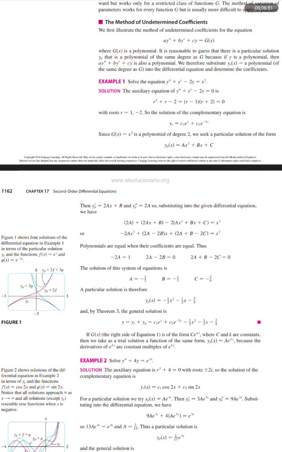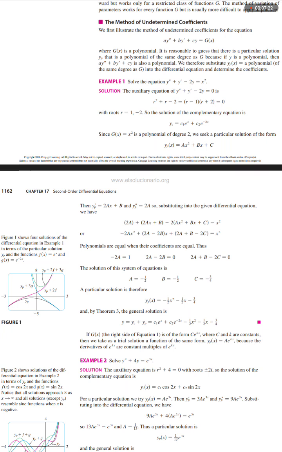So the solution of the complementary equation is y sub c equals c sub 1 e to the power x plus c sub 2 e to the power negative 2x. Since G of x equals x squared is a polynomial of degree 2, we seek a particular solution of the form y sub p of x equals A x squared plus B x plus C.